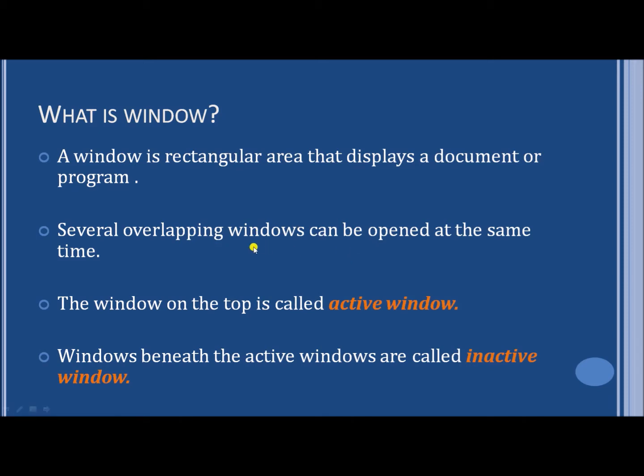The window which is on top of all is known as the active window, and all other windows beneath it are known as inactive windows.